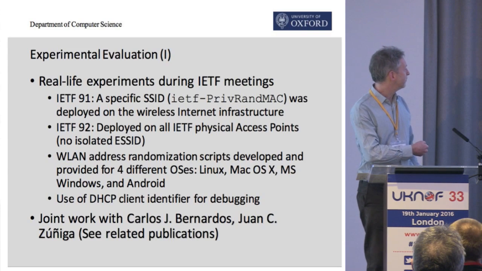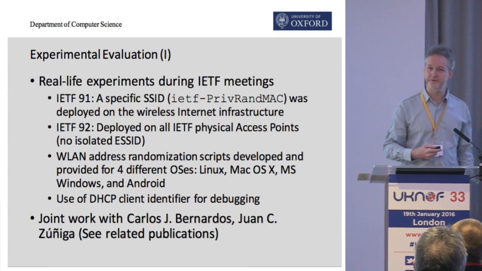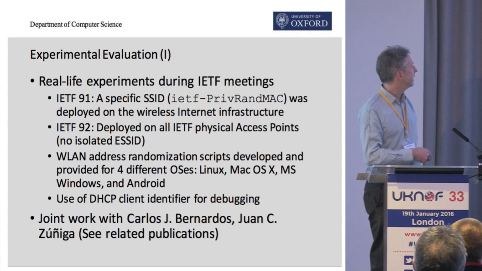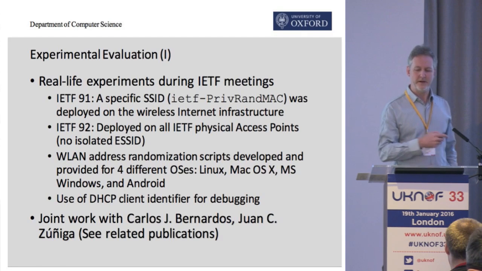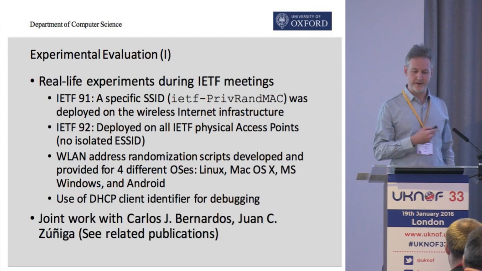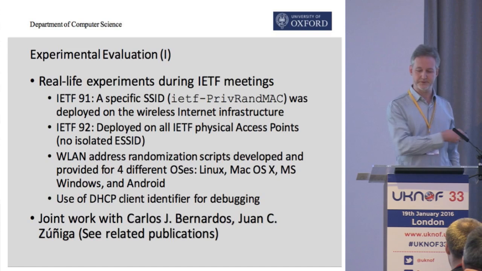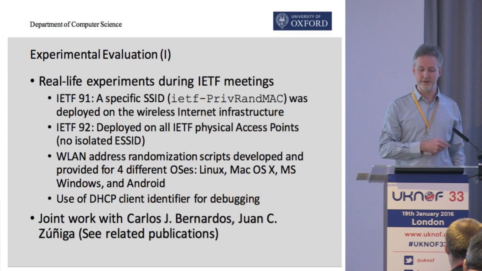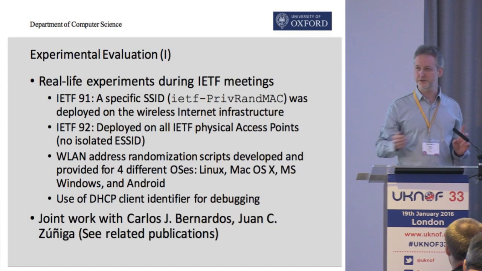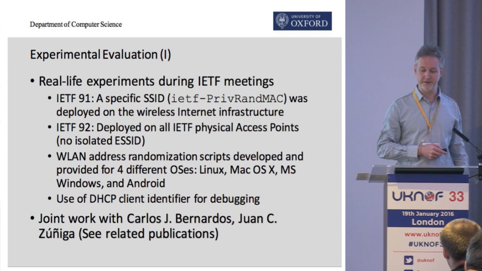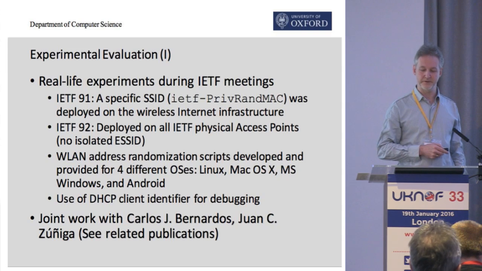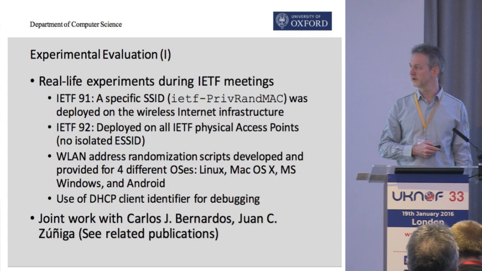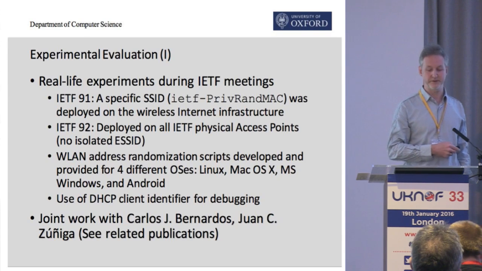IETF 91 was the first trial, and we had a special SSID for that, and then people joined. Then IETF 92, as a result of some of the tests we did there, was expanded. There was no special SSID in IETF 92, and it was a larger trial because in the first one we found that there weren't any adverse impacts on the equipment and so on.